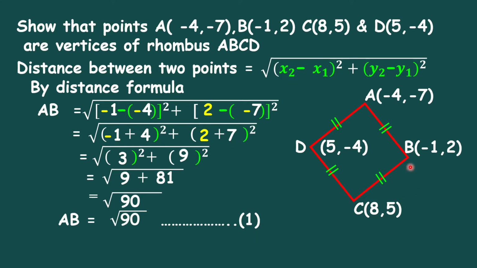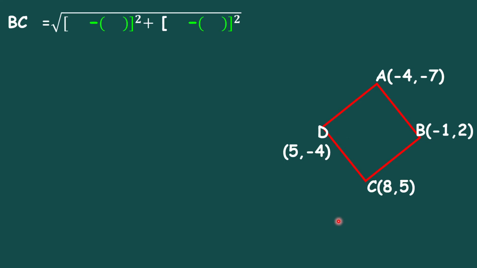Now we find out the distance BC. Therefore, we draw this quadrilateral again. Distance BC means we have to subtract the coordinates of point B from the coordinates of point C. That means from C we have to subtract the coordinates of B. Therefore, first we take subtraction between their x coordinates.